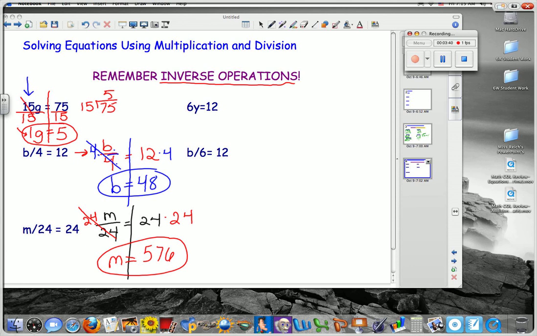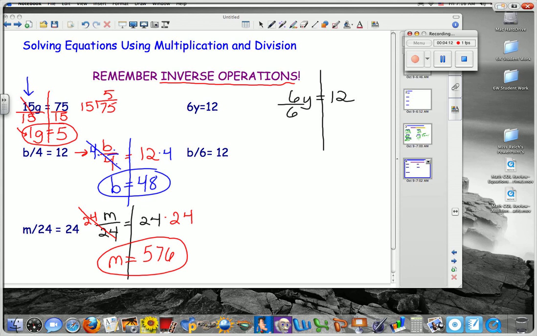Alright, let's look at the final two over here. 6y equals 12. I'll rewrite it so we're not squished for space. Draw my line down the middle here. What is being done to the variable that's keeping it from being by itself? It's being multiplied by 6. So I need to divide by 6.